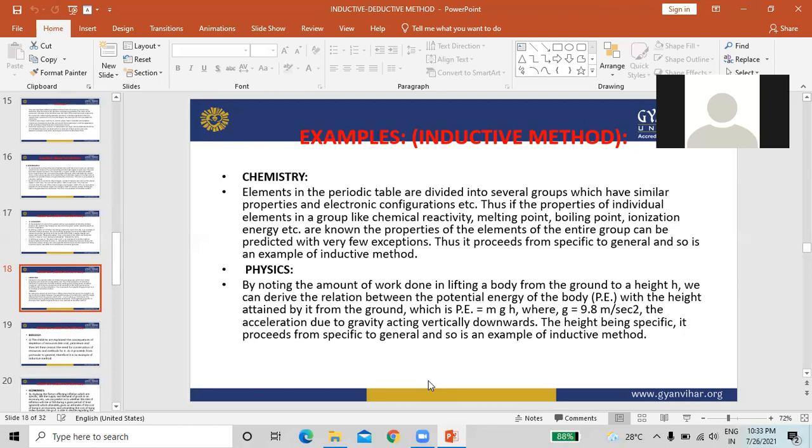Thus, it proceeds from specific to general, and so is an example of inductive method.